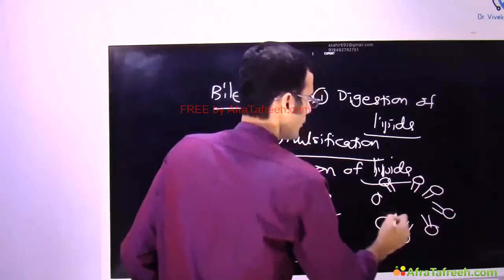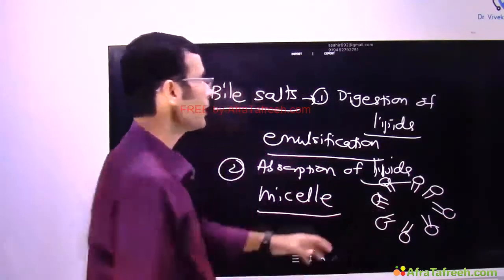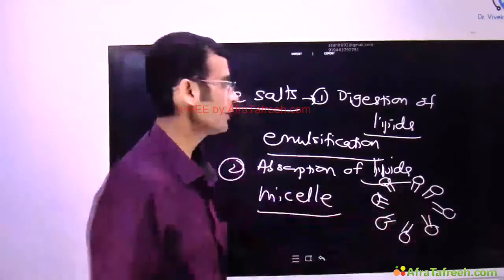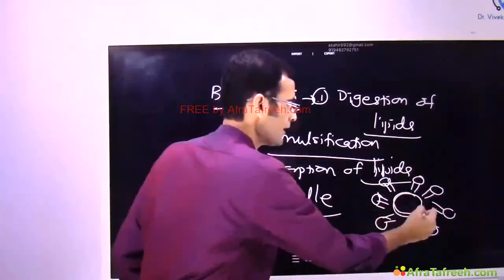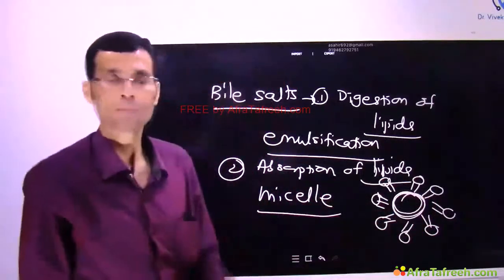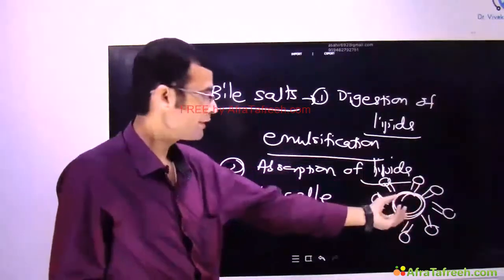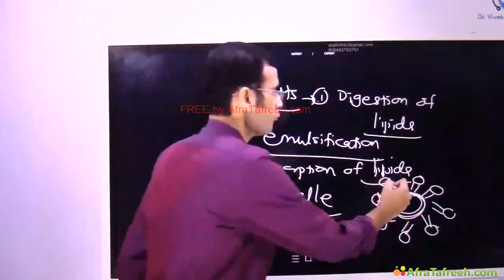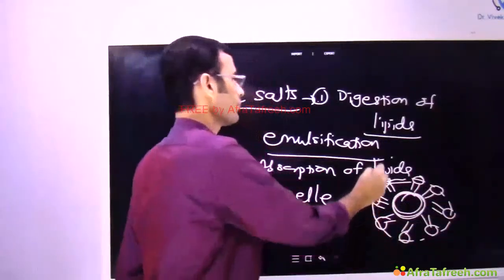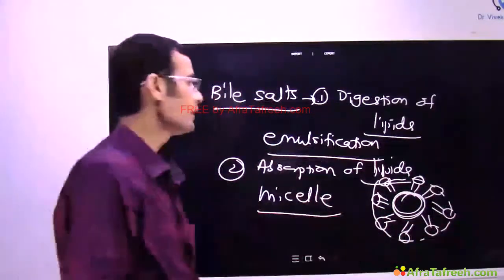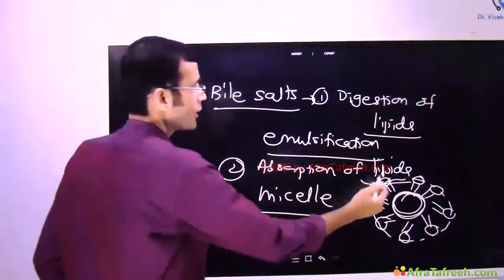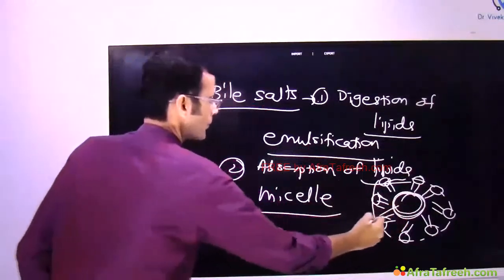Their hydrophobic tails are pointed inward, where there is fat digestate. Fat digestion products are accumulated inside, within the micelle, and water soluble parts are on the outside. So in this manner, the function of micelle is in the fat absorption.